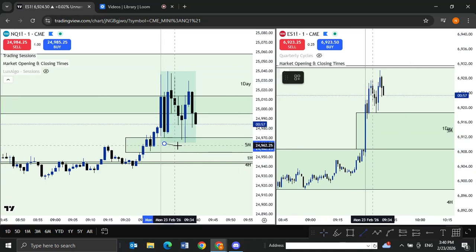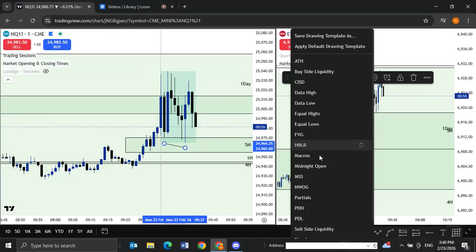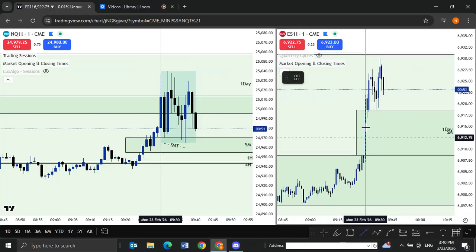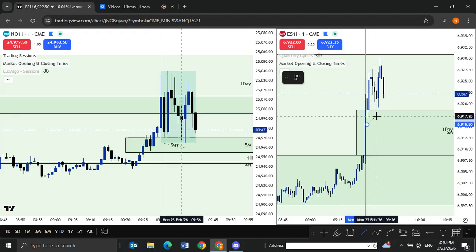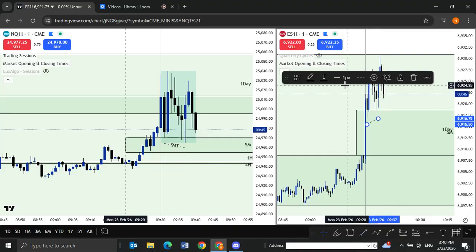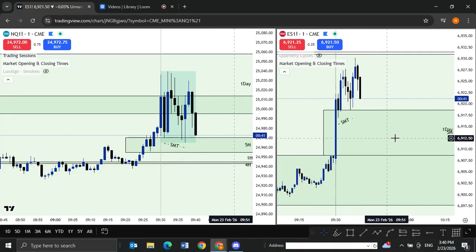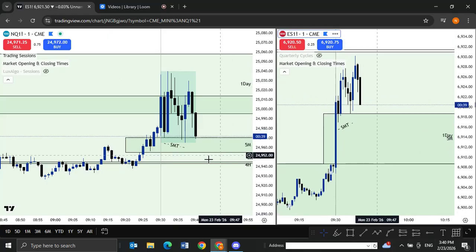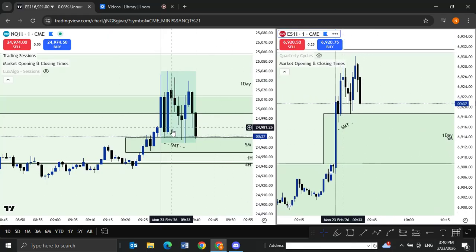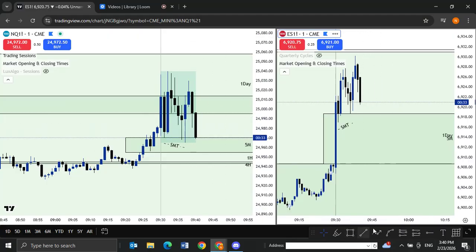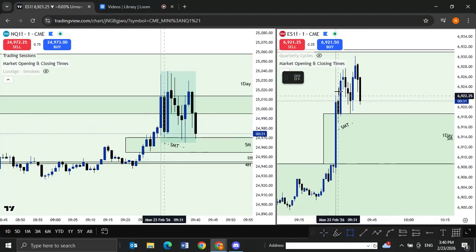I can see the SMT here. Let me mark it. I can see something here. The first presented for value gap is, okay, we don't have first presented yet on Nasdaq, but we have it on yes.